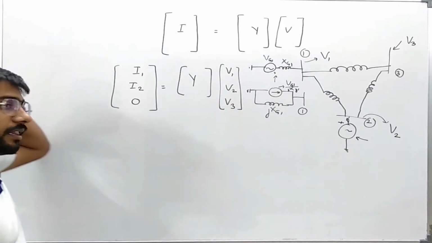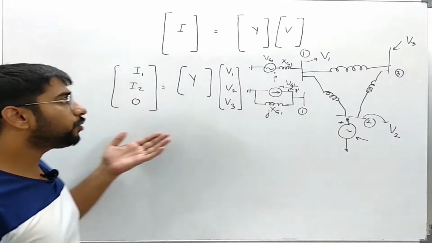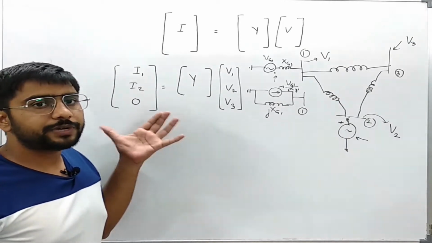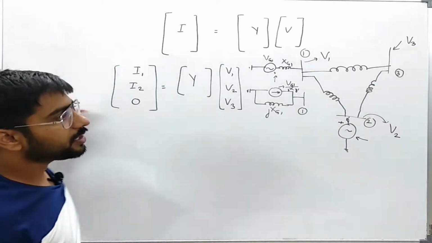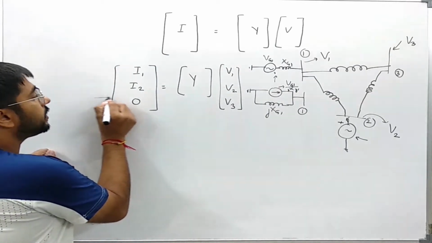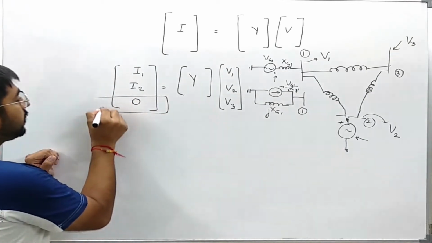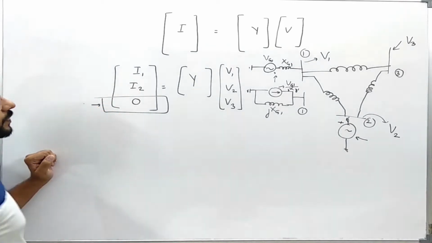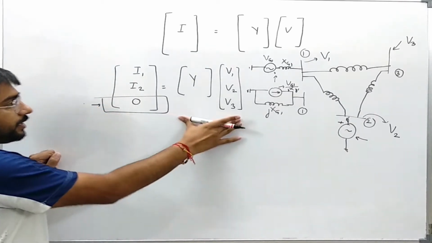Now in this lecture we will see how to eliminate a bus which does not have any current source entering into it. That is, we can eliminate bus number 3 from this equation.